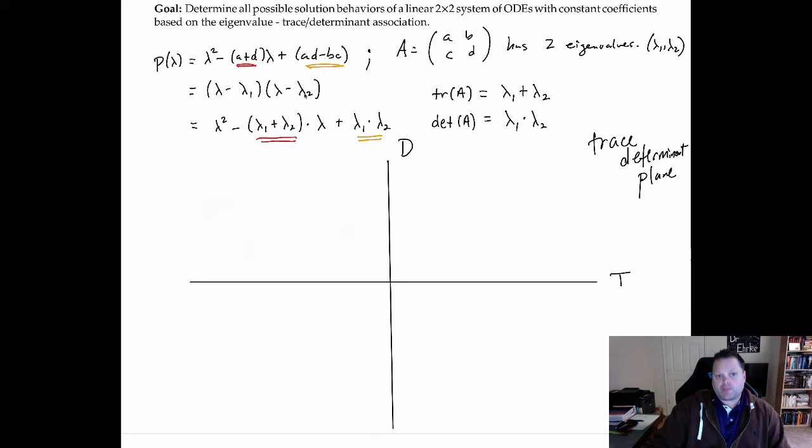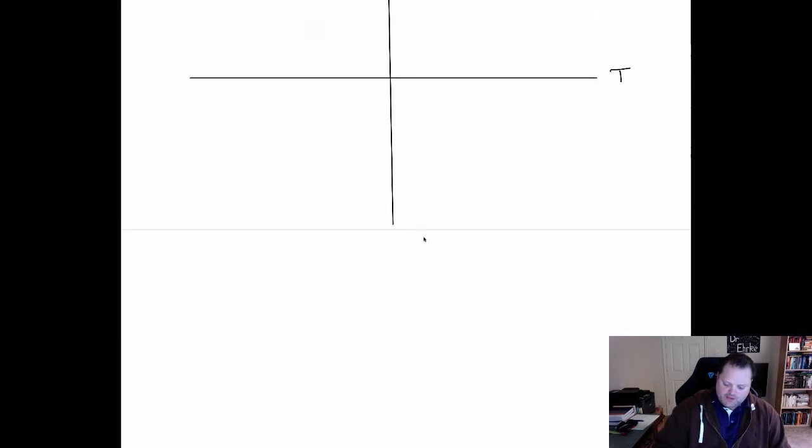Now, before I get into that pretty heavily, there is one more small thing to say here. And that is, not all values of the trace and the determinant are created equal. There are some values of the trace and determinant that are really important. For instance, if I said that my characteristic equation is lambda squared minus T lambda plus D, where I'm using capital T to represent the trace of the matrix and capital D to represent the determinant of the matrix, then we're solving for eigenvalues by setting that equation equal to 0.